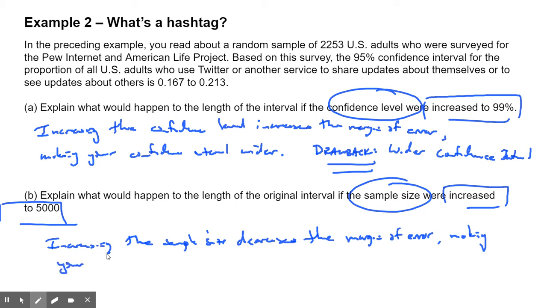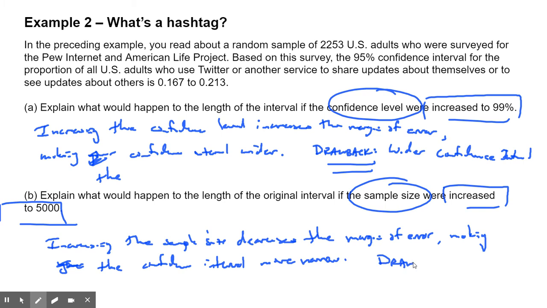Making the confidence interval more narrow. So when you decrease the margin of error, you shrink your interval, right? So it becomes more narrow.